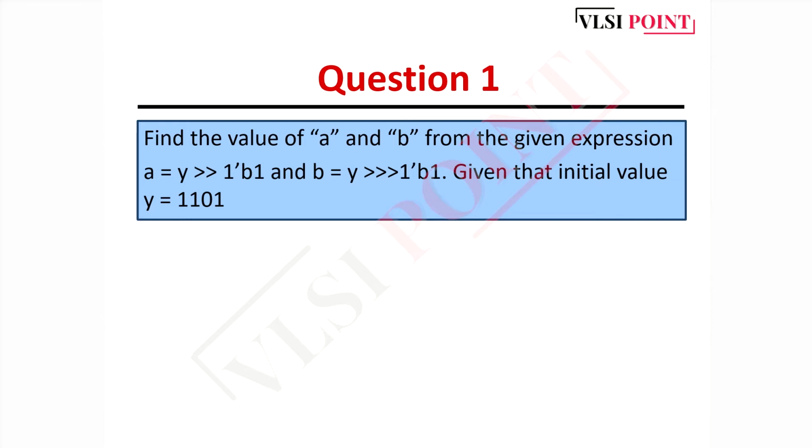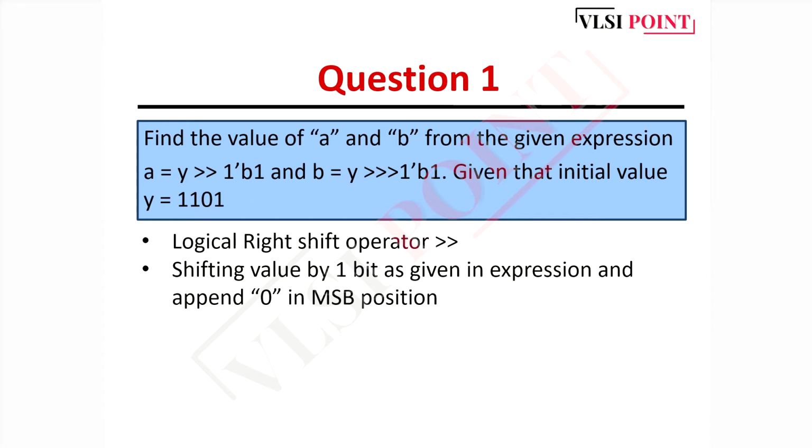So I hope you have solved the question. So let's come to the solution. So yes, A value is nothing but the logical right shift of Y by 1 bit. Whenever you are shifting the Y value by 1 bit, you have to append 0 value in MSB position, because we have already discussed this thing in the operators video.